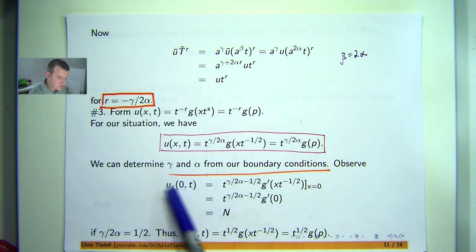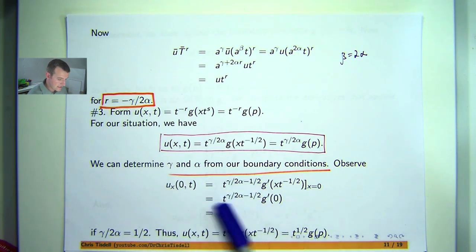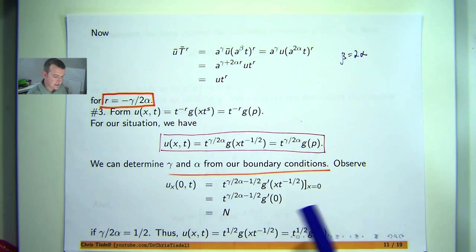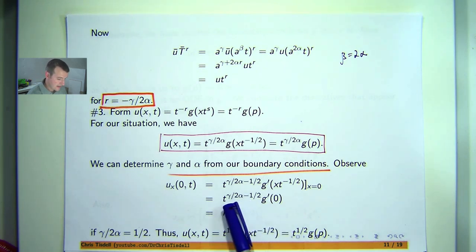Now we know from the original problem that this is just a constant. This is a constant, but this term is not a constant. It's got a t in it. So the only way that this can be consistent is if this power is 0. So what does that tell you about the ratio gamma on 2 alpha? Well, it must be equal to 1/2.